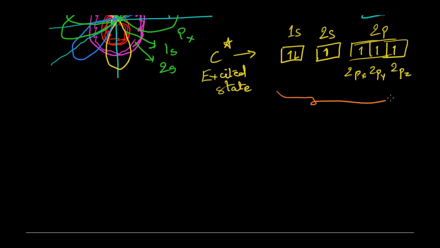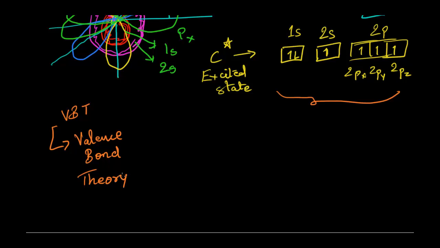In the previous videos we learned about VBT, valence bond theory. In that we learned that if any atom has to make a covalent bond with any other atom, orbital overlap happens. So this 2s orbital can overlap with the 1s orbital of hydrogen, and these 2p orbitals can also overlap with the 1s orbital of hydrogen, and they can make bonds.